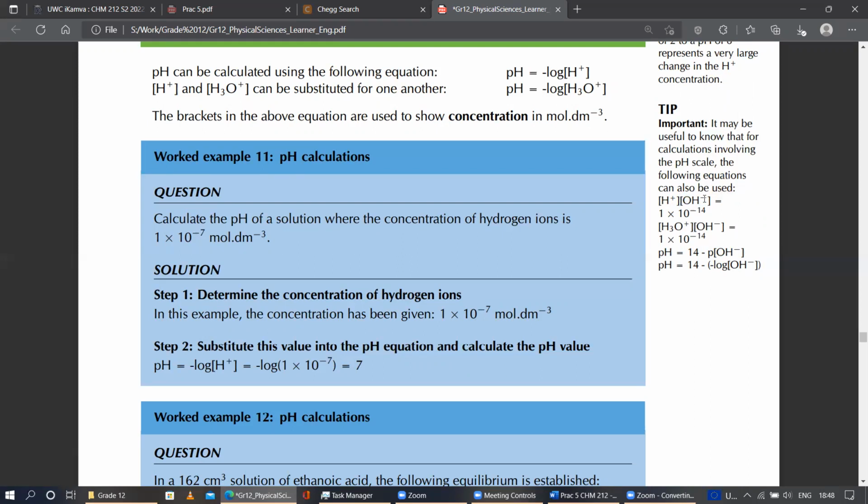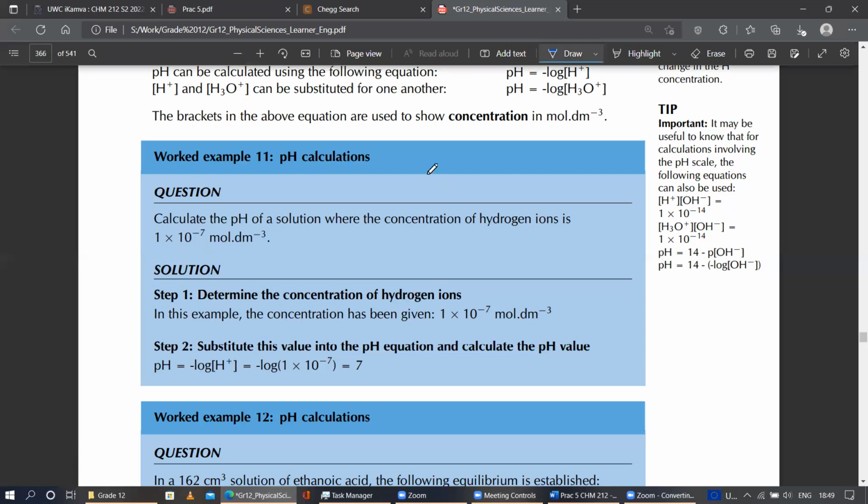What you should know is that the product of the concentration of a hydronium ion, H3O+, and a hydroxyl ion is going to be 1 times 10 to the exponent negative 14.